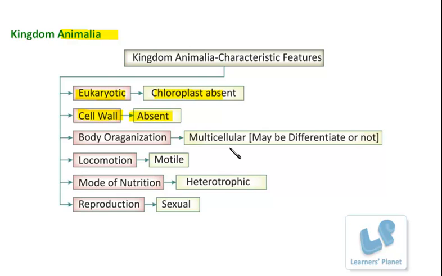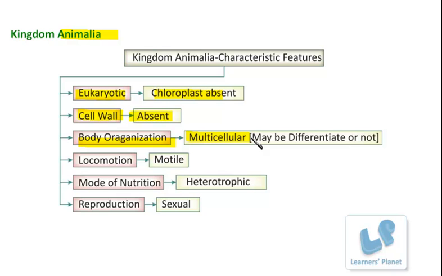Fine. Next is related to body organization. Now this body organization, definitely these organisms are multicellular, and in this multicellular group, the body is organized in different ways, and depending upon the complexity of this body differentiation, the animals are further subclassified.